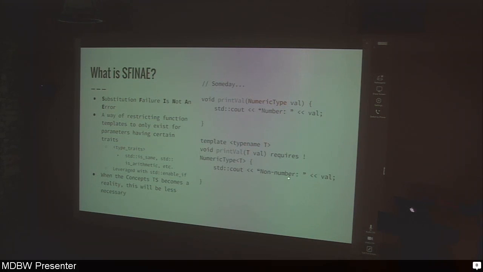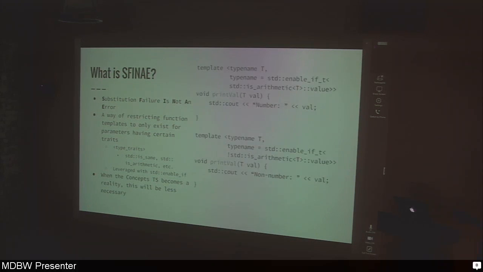Or for your non-numeric type, you can just template it and require a non-numeric type. So this is a look at what the future of C++ might be in the next 5-10 years. But we have to go back to reality because the standards committee is still debating about how exactly they want to implement the concepts.